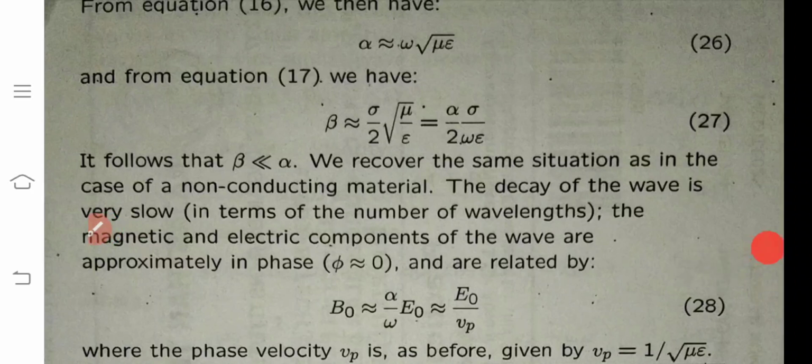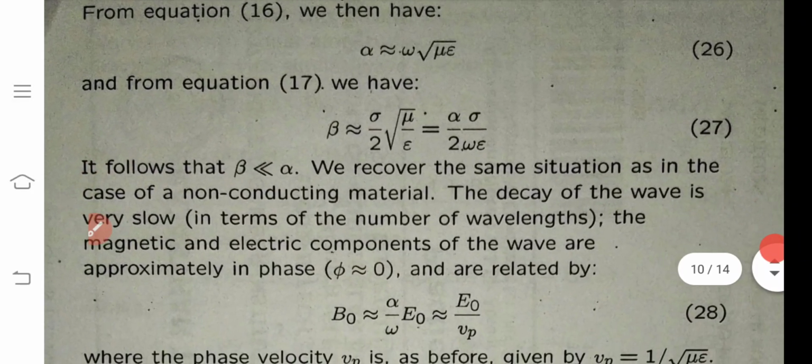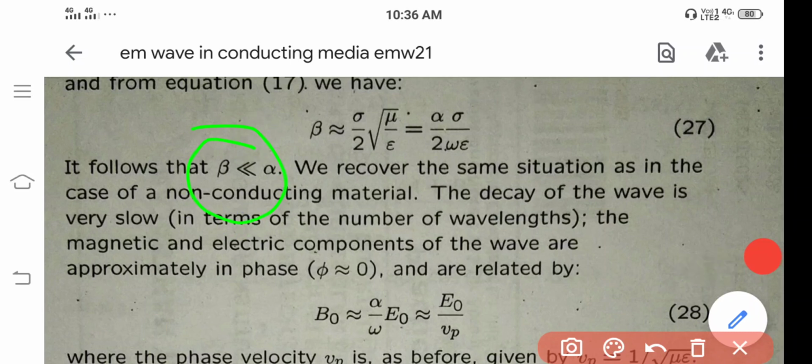Beta is very small in comparison to alpha. Here we cover the same situation as in the case of non-conducting materials. The decay of the wave is very slow.